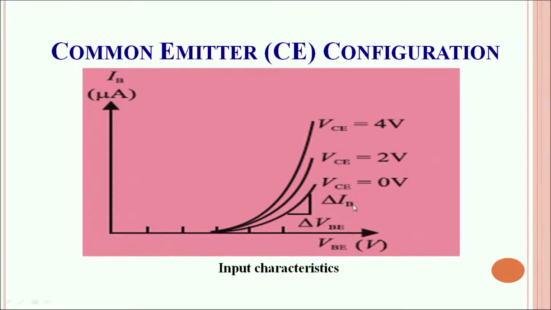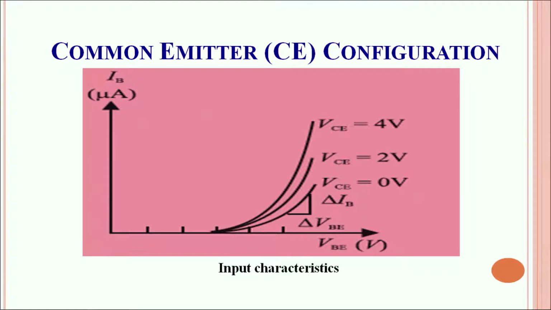For different values of the collector emitter voltage, we see different curves. These different curves indicate different resistances of the circuit. An inverse of the slope, that means delta VE divided by delta IB, is going to be the resistance of the input circuit, which is usually of the order of 20 ohms to 100 ohms.